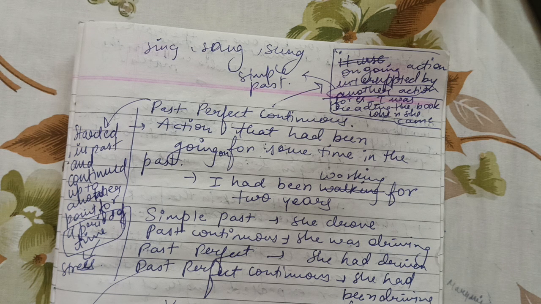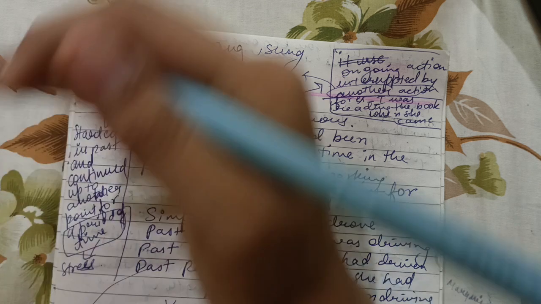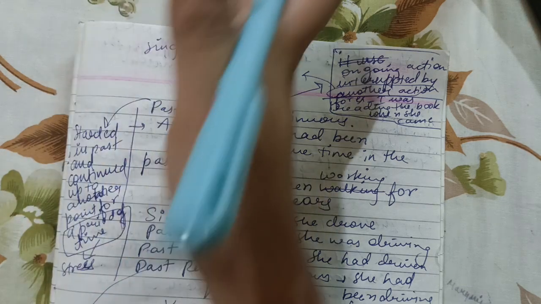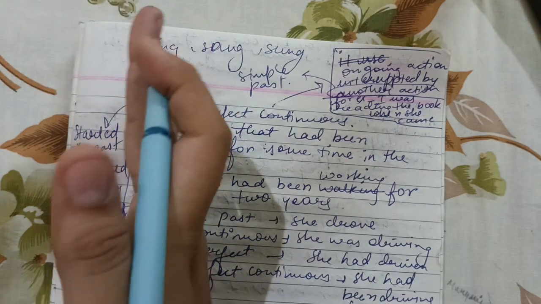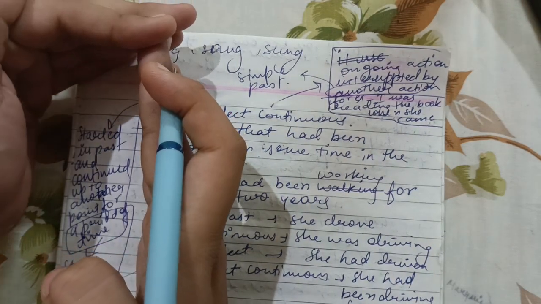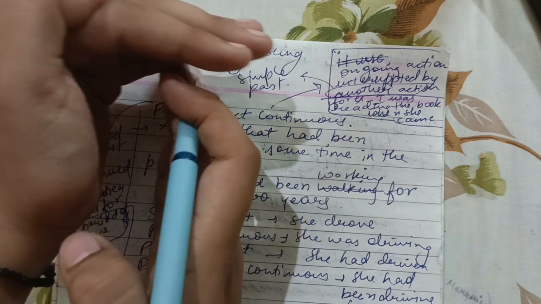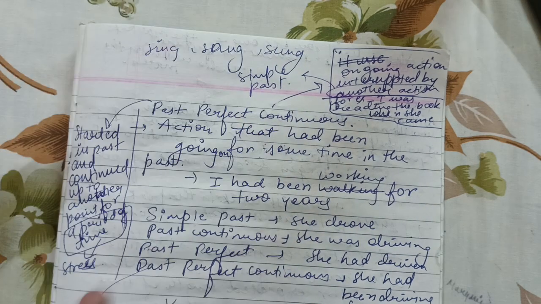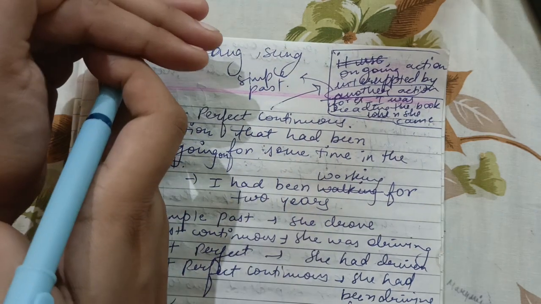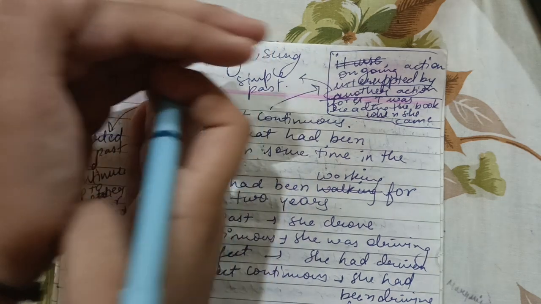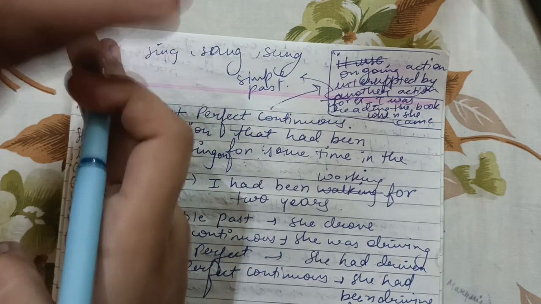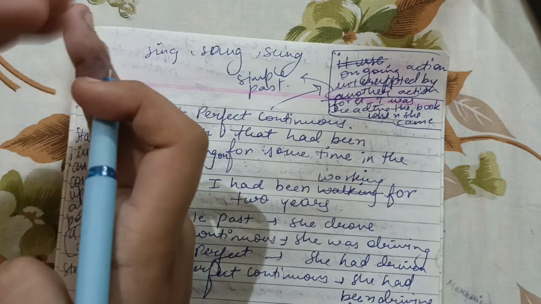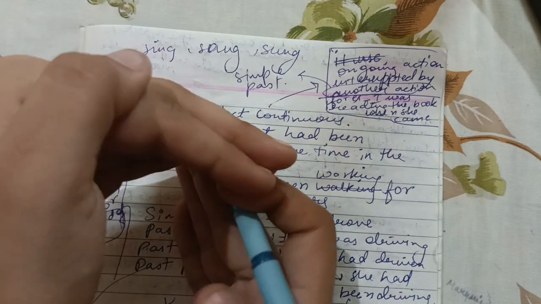Like, when I came, they were eating. So they were eating was a continuing action, and when I came was the interrupting action.